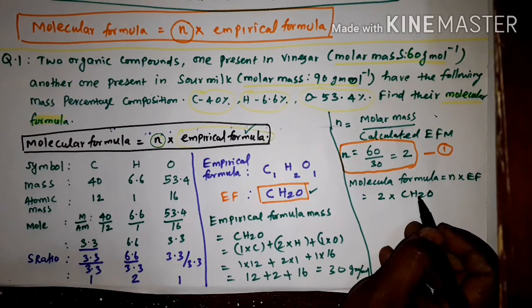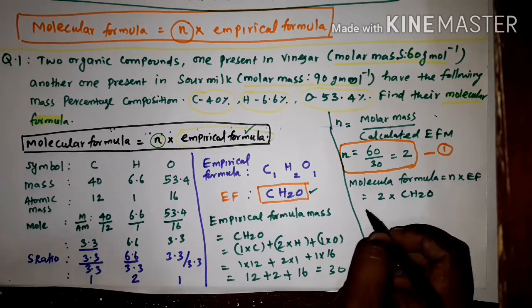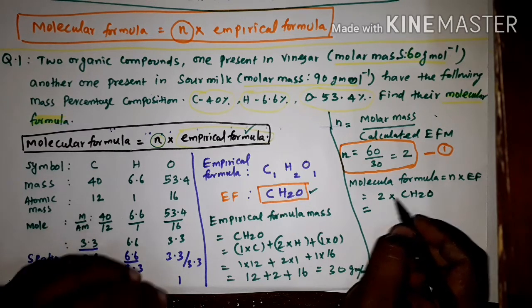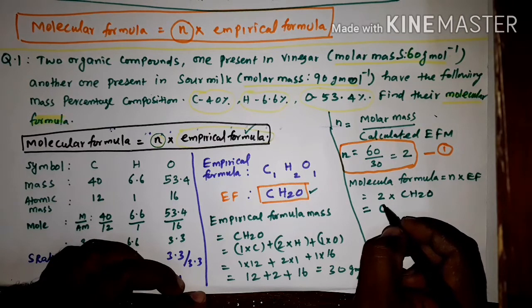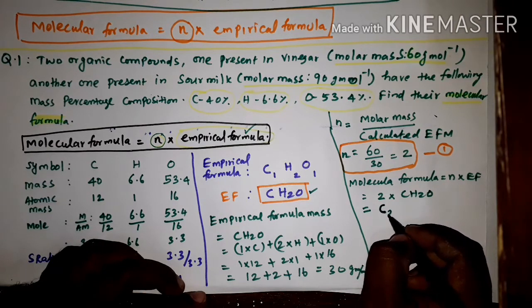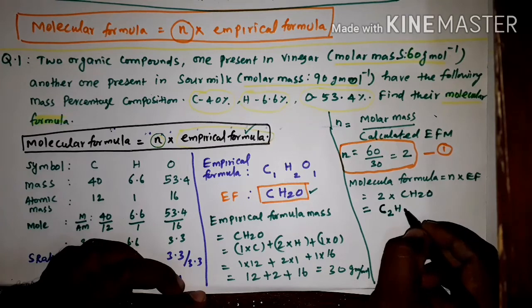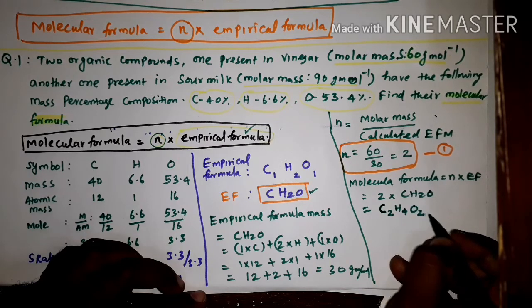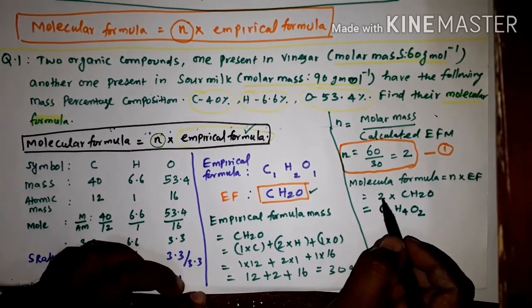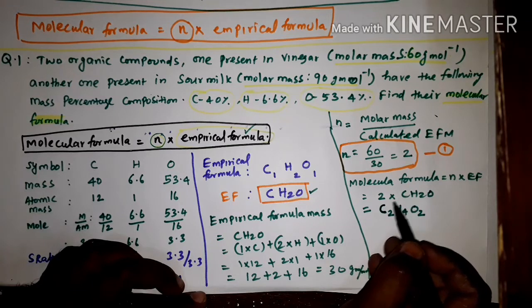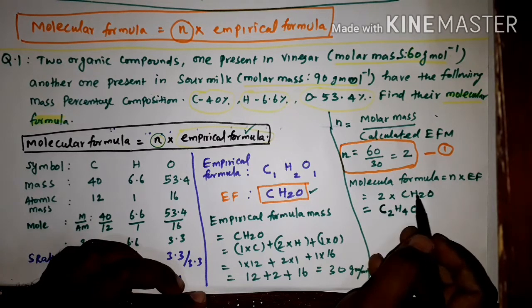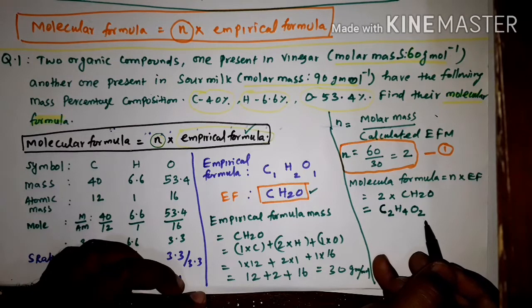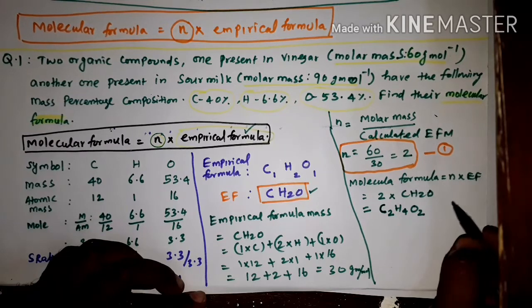Here carbon, hydrogen, oxygen are there. So 2 into carbon, write it at the bottom of the symbol. So C2H4O2. Clear? Each element must be multiplied with this whole number. So 2 carbon, 4 hydrogen, 2 oxygen. So this is the first compound.